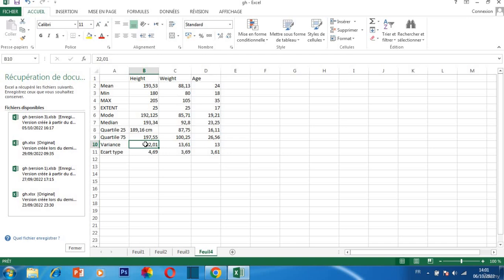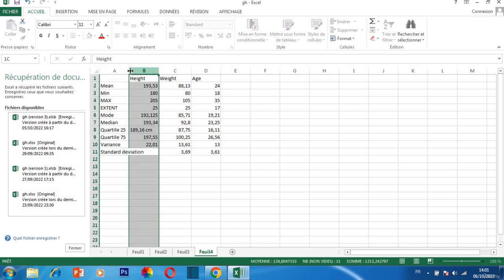So for the interpretation of variance, the standard deviation, if you want to write it, is standard deviation. So how are we gonna interpret this value?